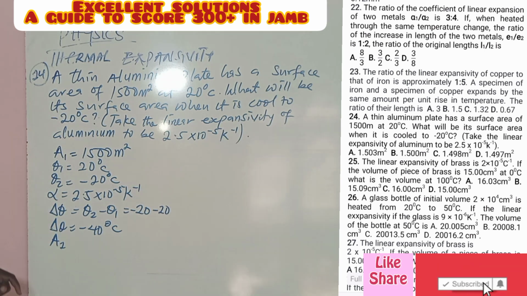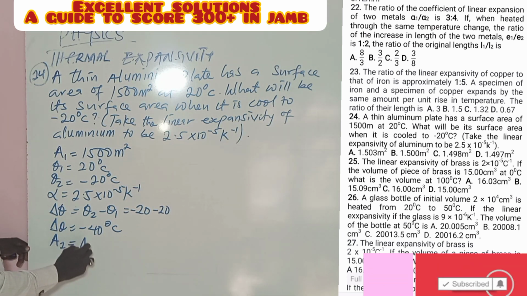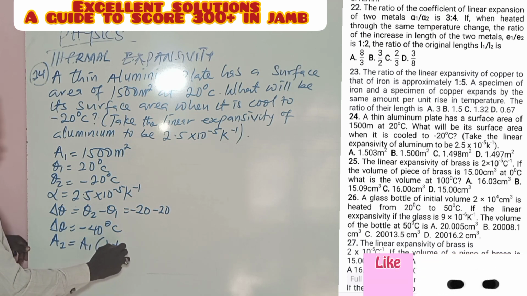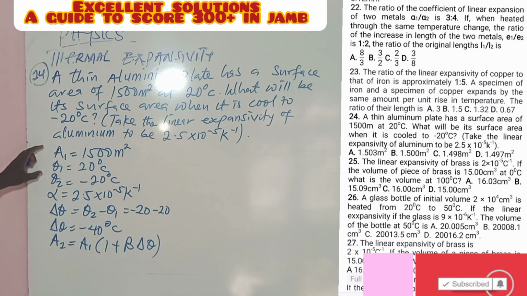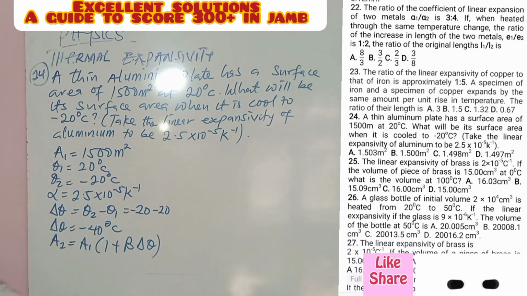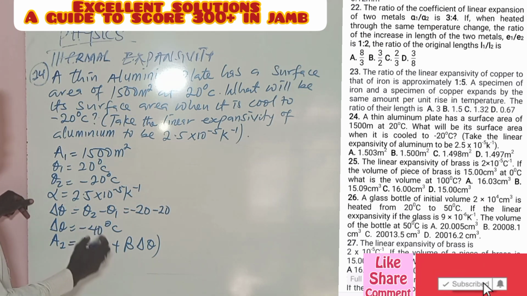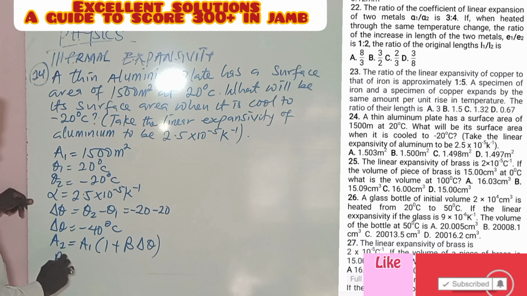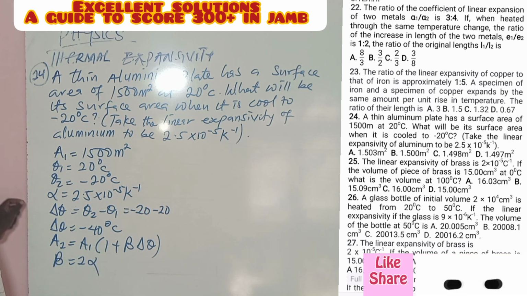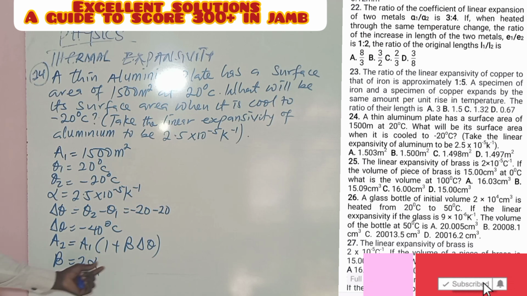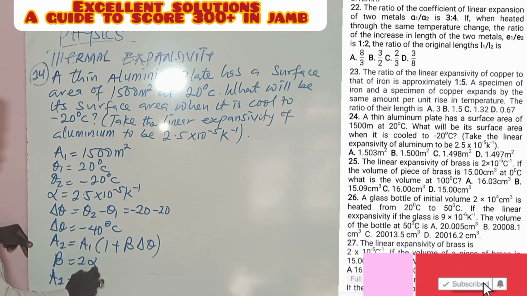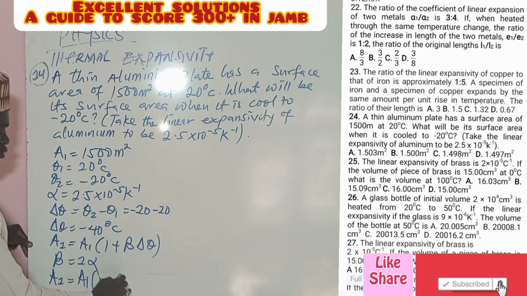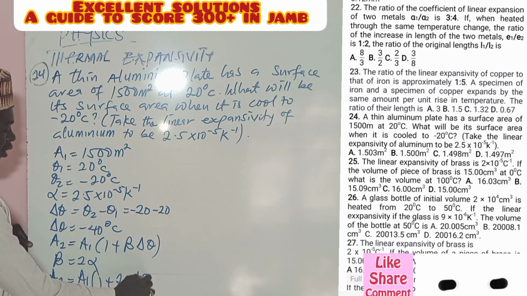If you can recall, we said that A2 equals A1 bracket open 1 plus beta delta theta. But if we look here, we don't have the beta. And there is a relationship between alpha and beta, which says beta equals 2 alpha. So with this relation, we can substitute beta to be 2 alpha. So we have A2 equals A1 bracket open 1 plus 2 alpha delta theta.